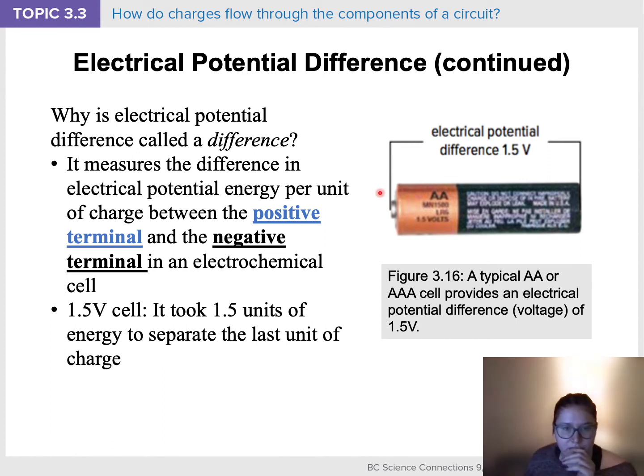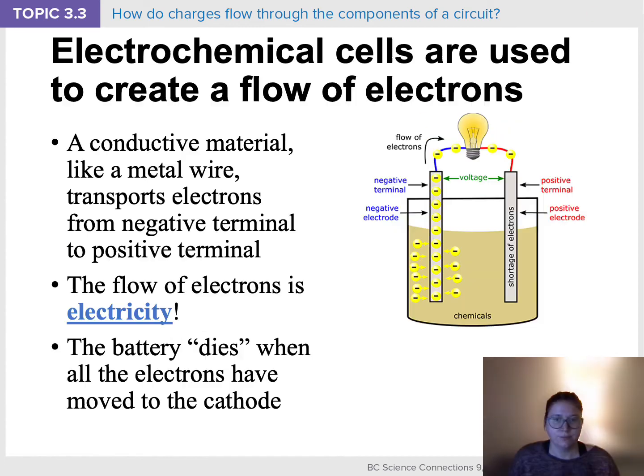So here on this AA battery, at your positive terminal or your cathode and the negative terminal or anode, it has the potential to give you 1.5 volts of electricity when you connect the positive and negative terminals. I've got a diagram on the next slide that will help us understand.